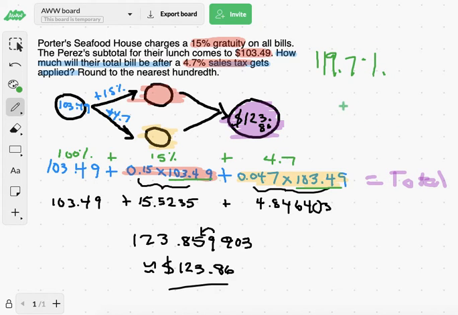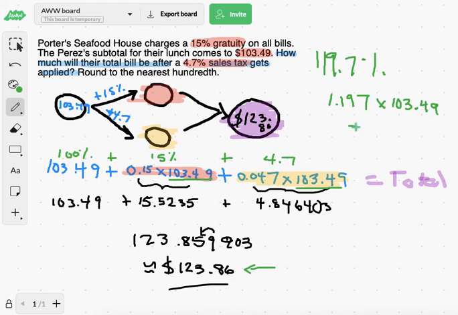Okay, so if I was to calculate this value down here, what I could do is skip all of that and just use 119.7% as a decimal. So if I divide that by 100, I get 1.197, and I would multiply that by 103 with 49 cents.